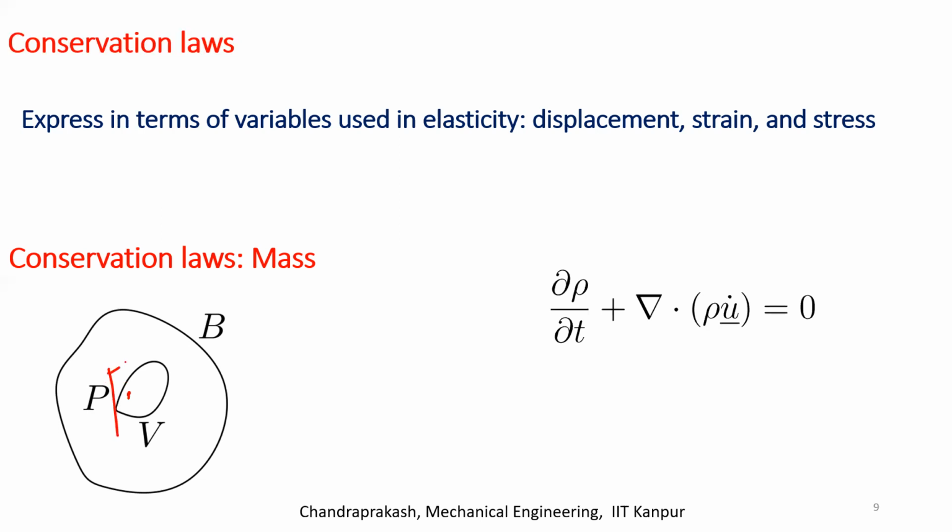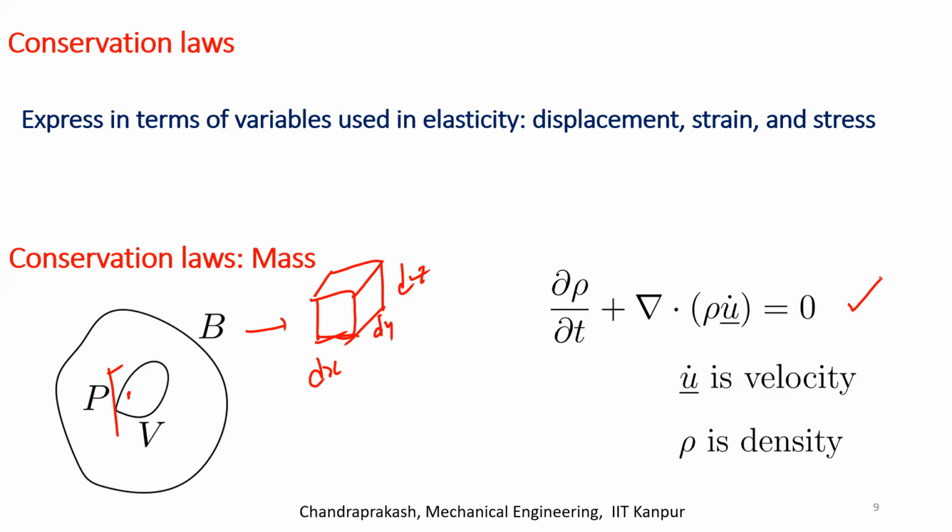You draw a control volume, you pick any cuboidal element, dx, dy, dz, and try to identify the amount of mass flux into this region and out of this region. And that is how you end up with this equation. Here, ρ is the density, and u̇, the overhead dot, always indicates derivative with respect to time.